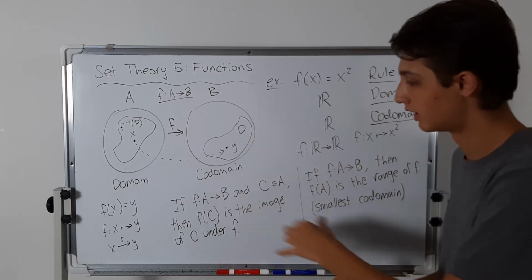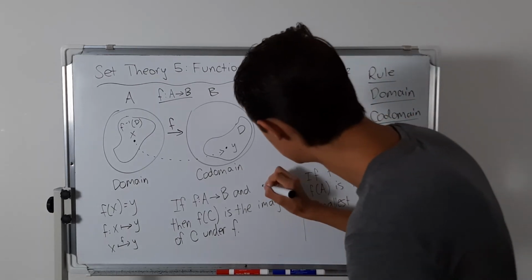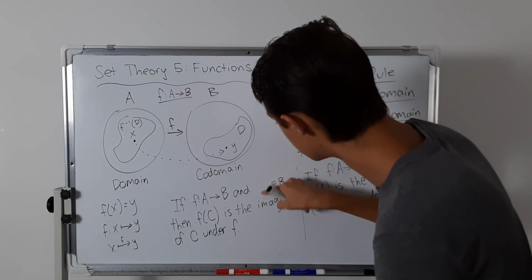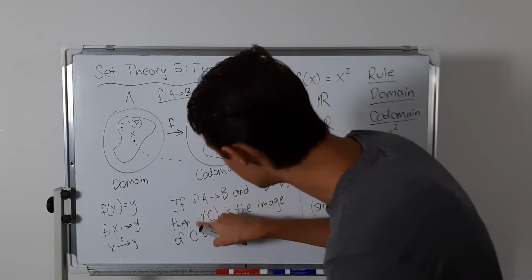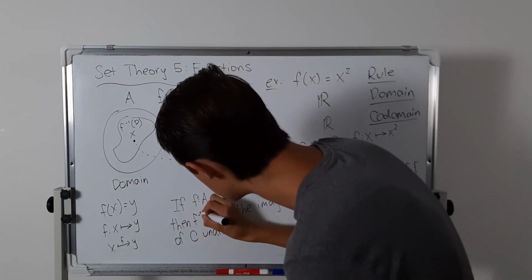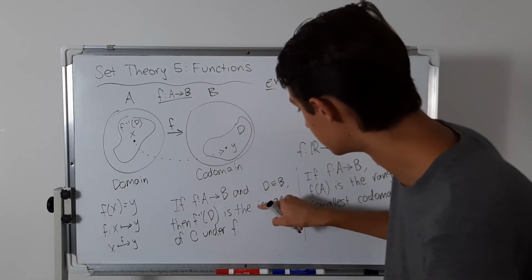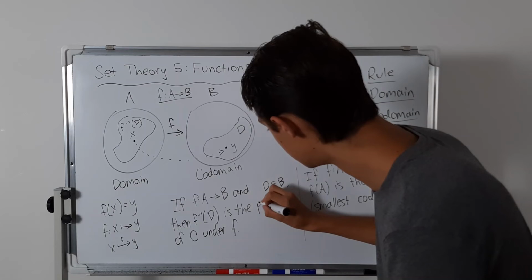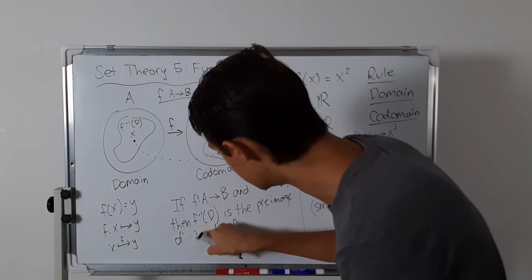So if we have f mapping from A to B, and D is a subset of the codomain B, then f inverse of D is the pre-image. Let me write that: the pre-image of D under f.